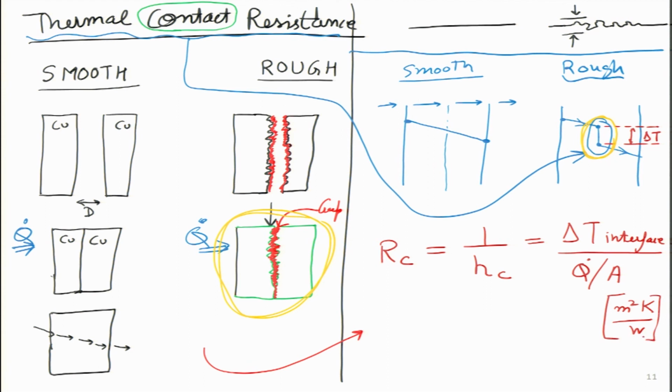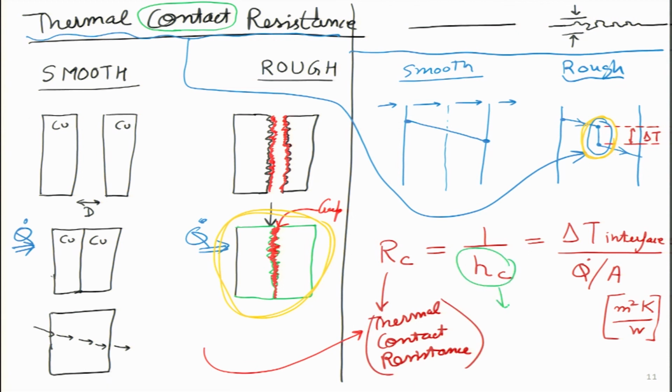So, let us formally define these variables over here. This name is thermal contact resistance, Rc, and this variable over here, Hc, is defined as the thermal contact conductance.